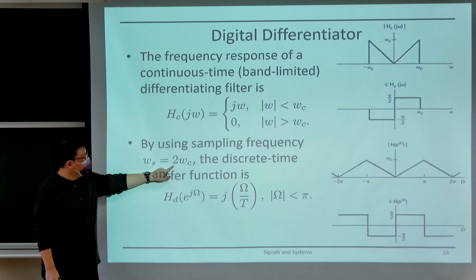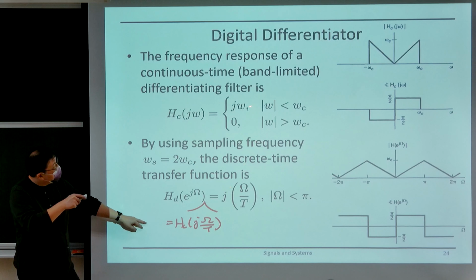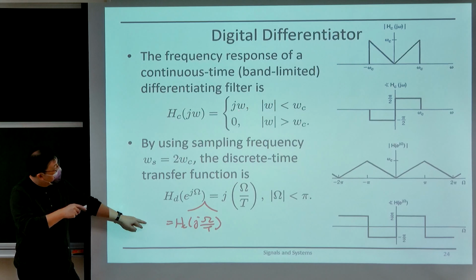Suppose you sample at sampling frequency omega s, then by what we just derived, we know that we should choose a discrete time filter HD that is a scaled version of HC, scaled by this capital T. If you just substitute omega over capital T inside here, this is what you get.